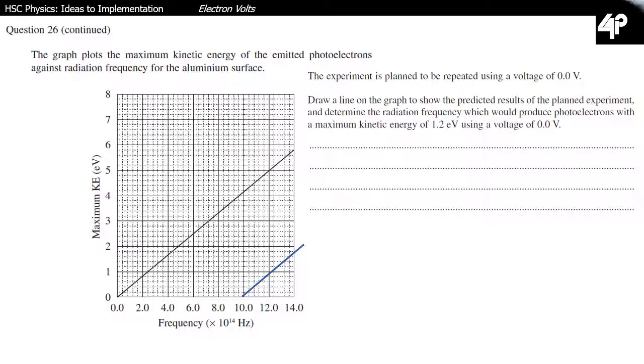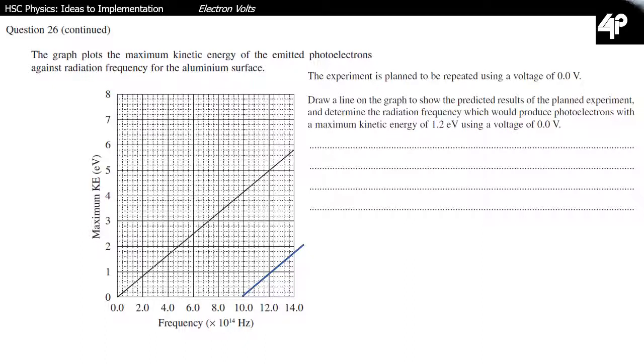Right, so I've fixed up the line there just to make it nice and straight. And like I said a second ago, all these lines have to have the same gradient because that's basically what happens with these kinetic energy of photoelectrons versus frequency graphs, whether that gradient is the Planck constant or something else.